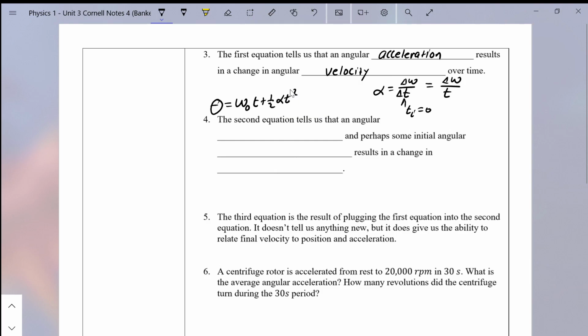This tells us that an angular acceleration and perhaps some initial angular velocity, where omega naught t comes from our initial angular velocity, those two things will result in a change in angular position, which we call theta.